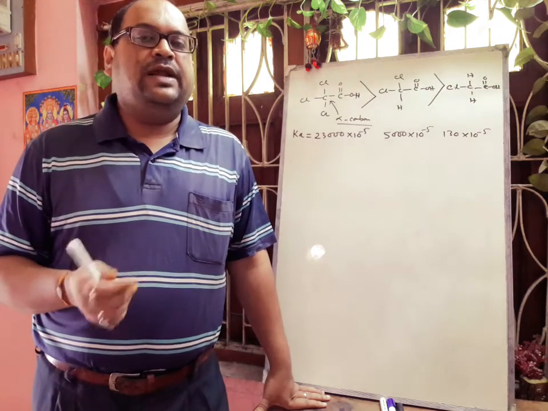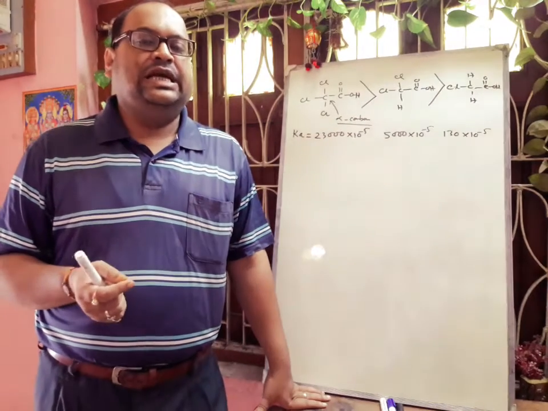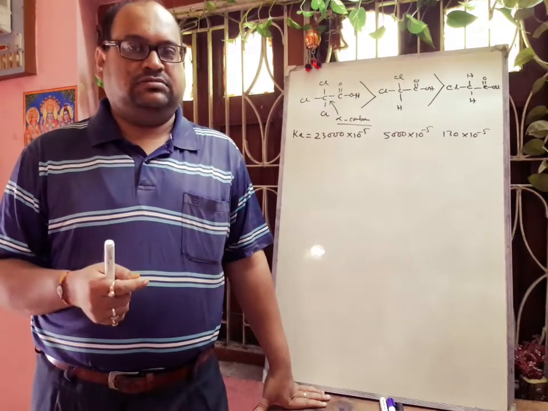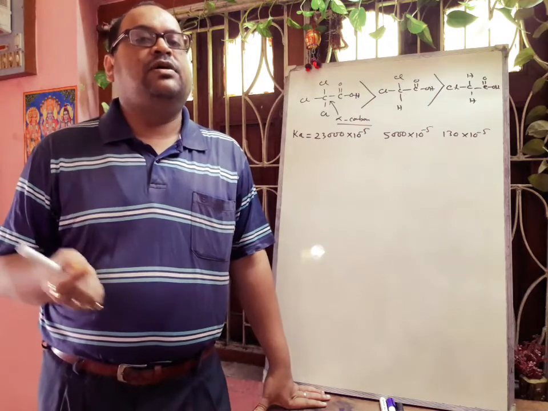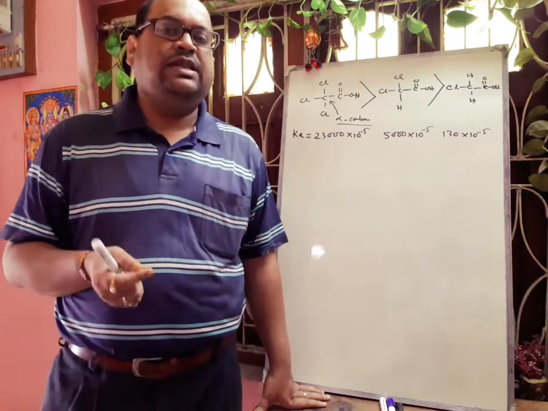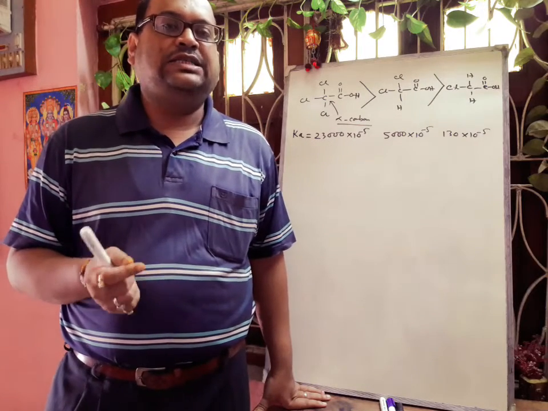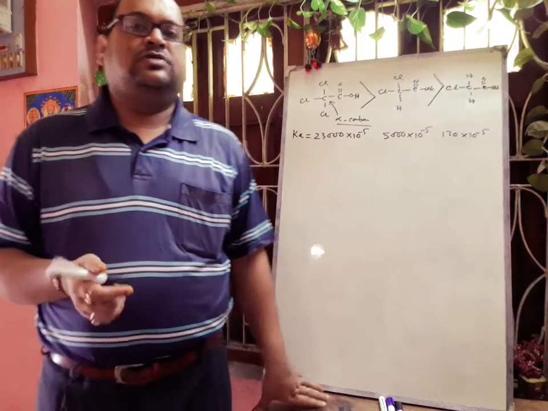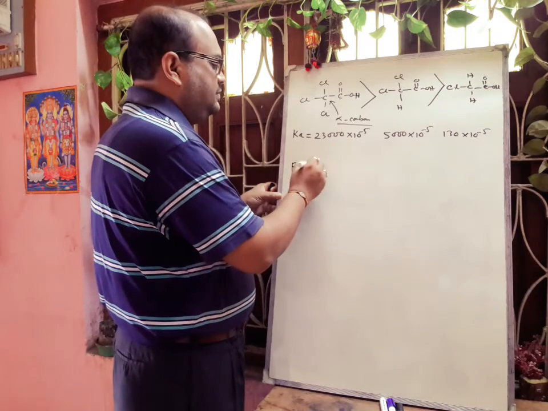So definitely if we attach one fluorine to acetic acid, its acidity will be higher. But in case of chlorine it will be lower, and if we replace one hydrogen by bromine in acetic acid, its acidity will be lower than chloro, and the least acidity will be the iodine. So here if I draw the example, then you can understand.